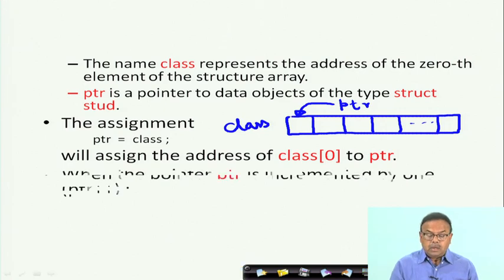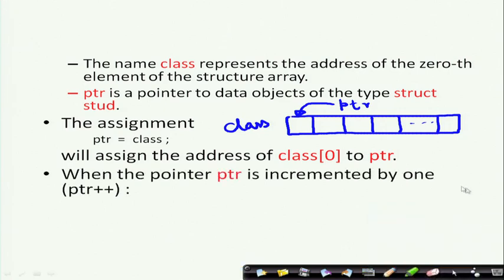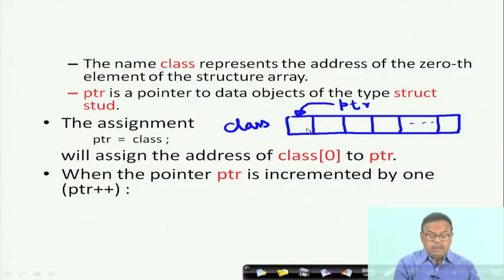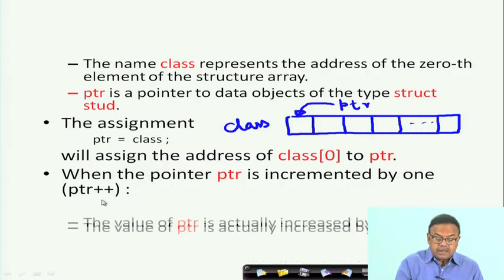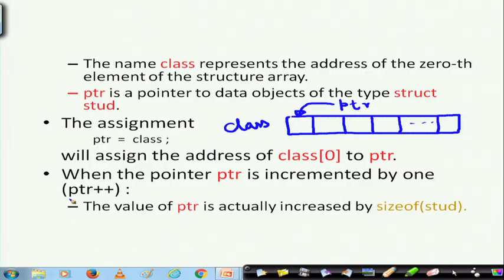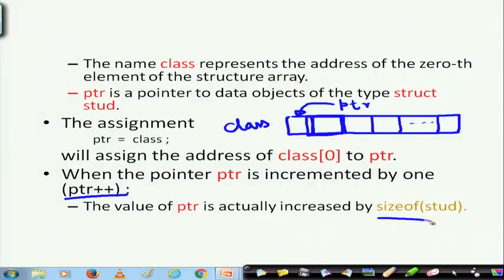Understood? When the pointer PTR is incremented by 1, that is PTR plus plus, you should be able to tell me what will happen. The PTR will be incremented to the next element of the array. So, the actual increment will be by a scale factor. And what is that scale factor? That scale factor is size of stud, size of this structure stud.